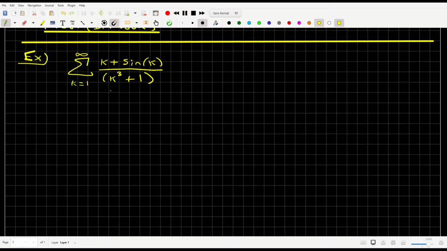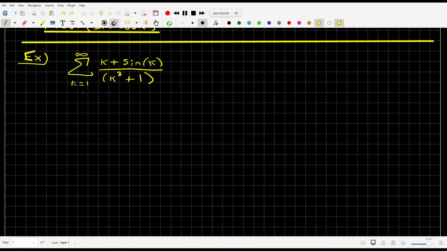Very, very difficult, in fact. And so these tests, just like before, are going to help us determine whether or not the series converges without giving us the actual value of the series. So this is what we're trying to do, just trying to figure out if this series converges to a real number or if it diverges.